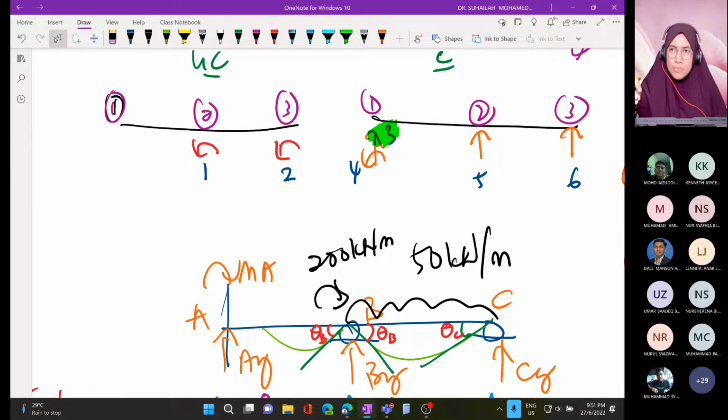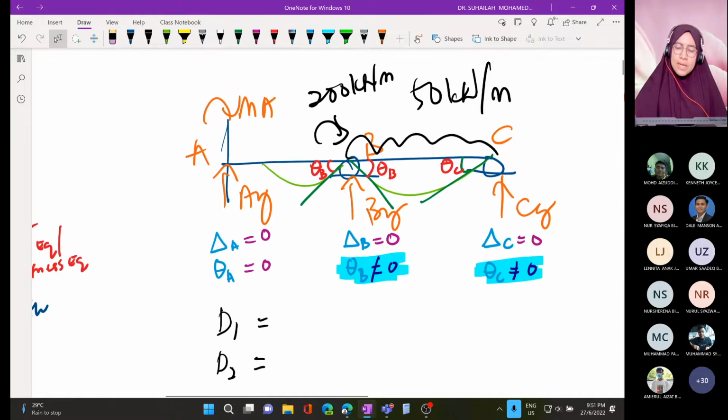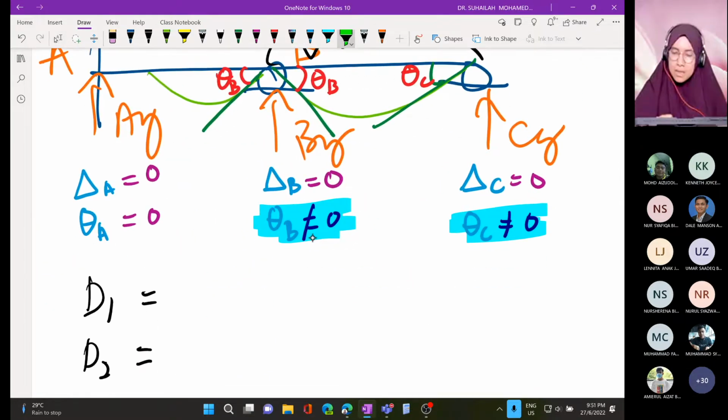So D1 and D2, the first output from beam analysis. If we refer to this beam, D1 is... saya dah highlight tu.